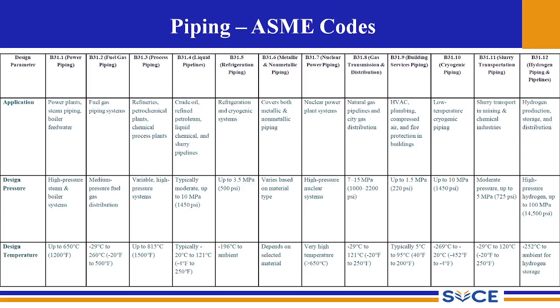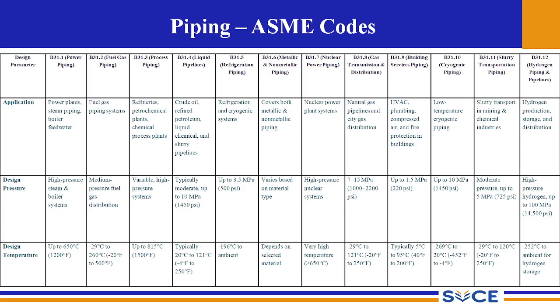Then the building and services piping, we normally have the piping networks for HVAC, plumbing systems, compressed air, and fire protection in buildings. The design pressure is up to 1.5 megapascal, and the operating design temperature is 5 degrees centigrade to 95 degrees centigrade.